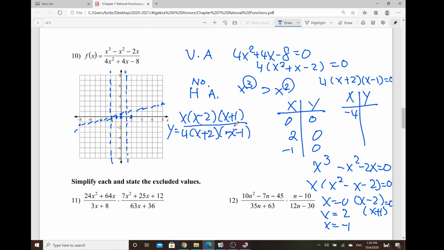Now for those of you wondering where the hole is, so far there's no hole, but you see top and bottom, they both have x plus 1, x plus 1. That means we can cancel them out. That means at x equals negative 1, there's a hole. But this other one is not the same kind of factor, so there's no hole here. So plug in negative 4: negative 4 times negative 4 minus 2, negative 6, times negative 4 plus 1, negative 3, all over 4 times negative 4 plus 2, negative 2, times negative 4 minus 1, negative 5.